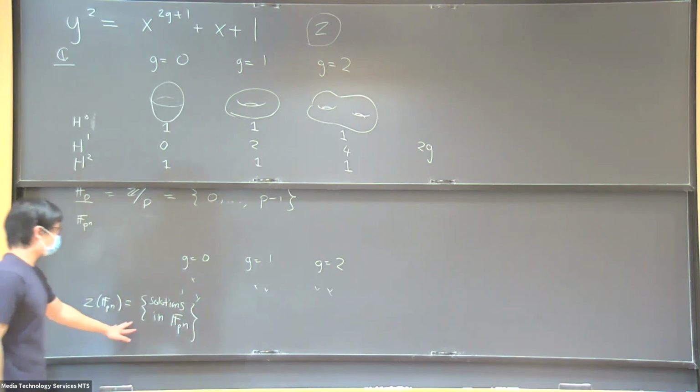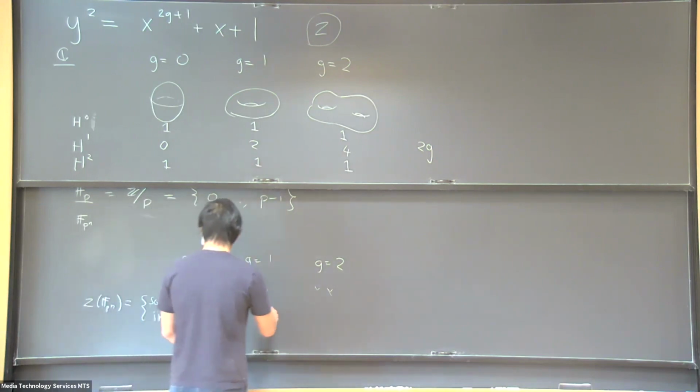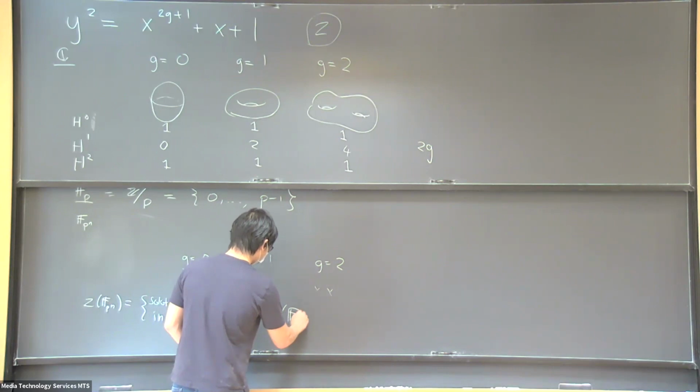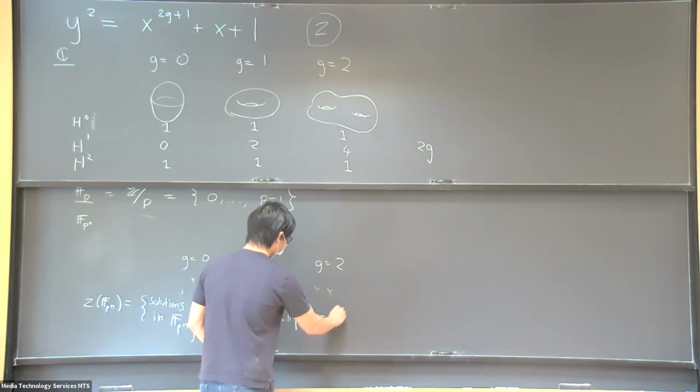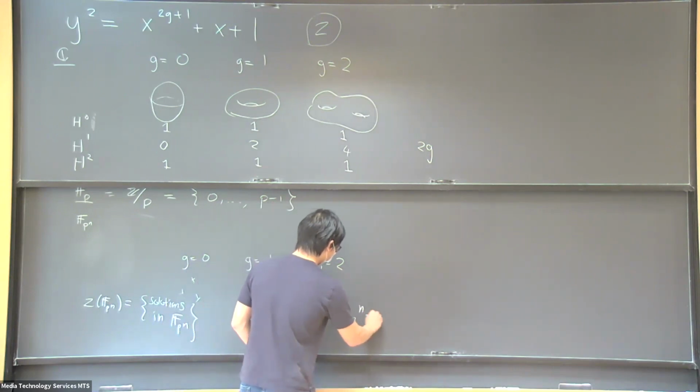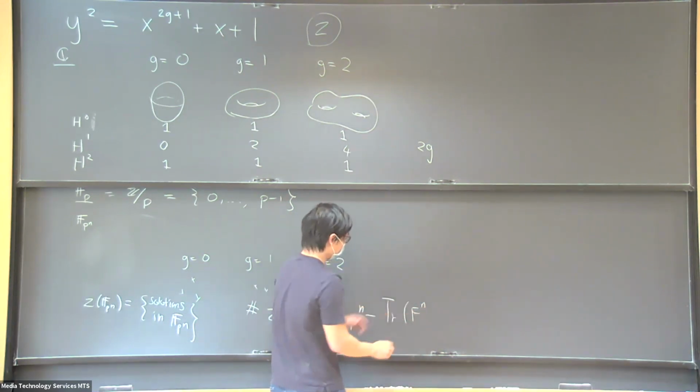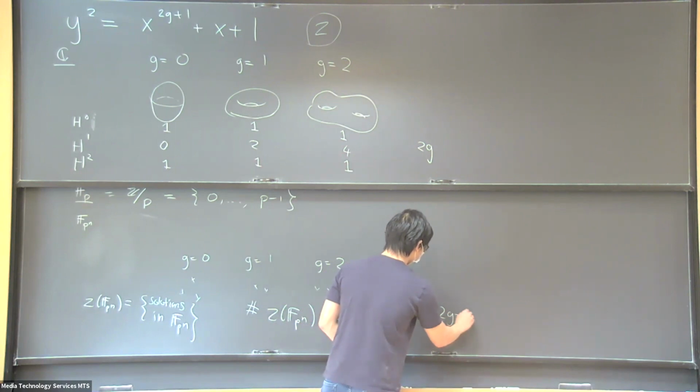What turns out to be true is that the number of solutions, the size of this set, will be 1 plus p to the n minus the trace of the n-th power of some endomorphism on some 2g-dimensional vector space.